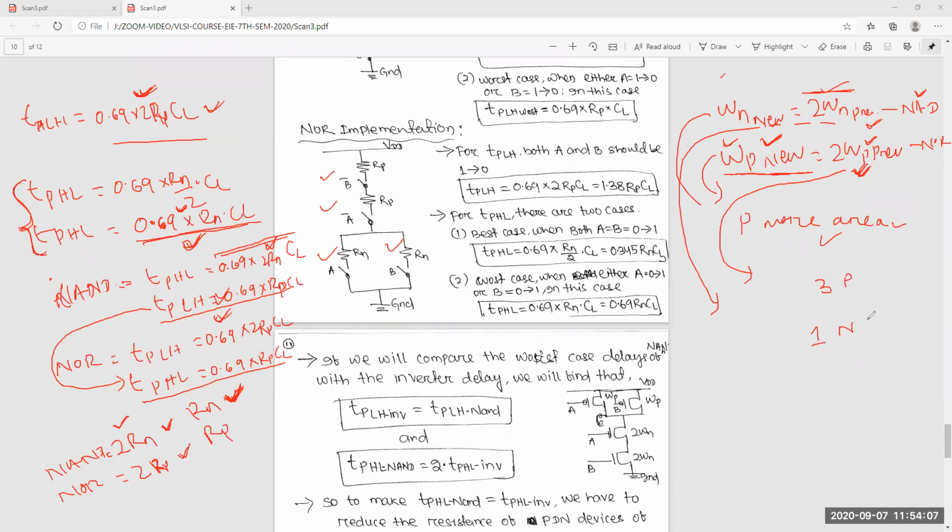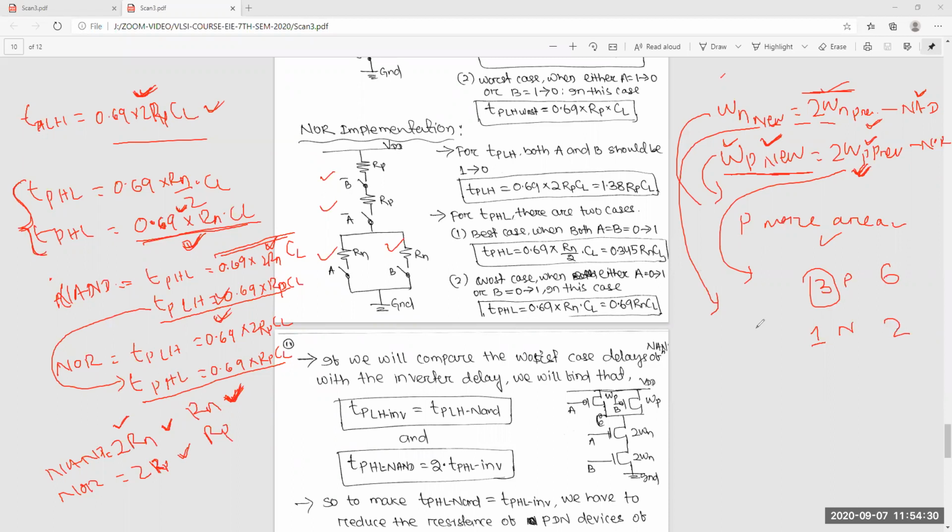Around 3 times, we are doing this to get better or symmetrical performance. Now for getting the same inverter value, whatever the value, we have to change to 6, but here you have to change only 2.